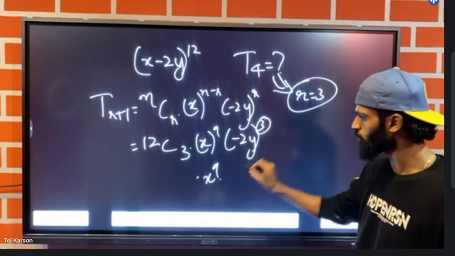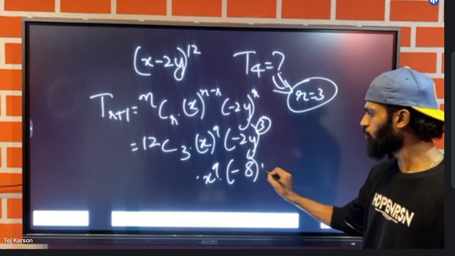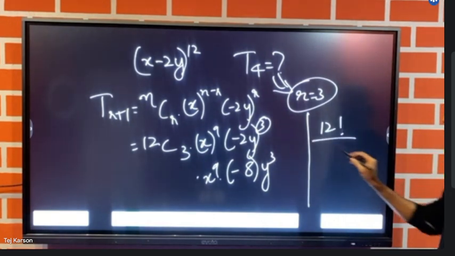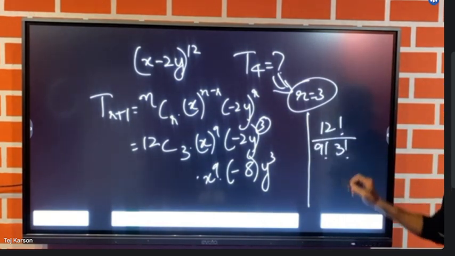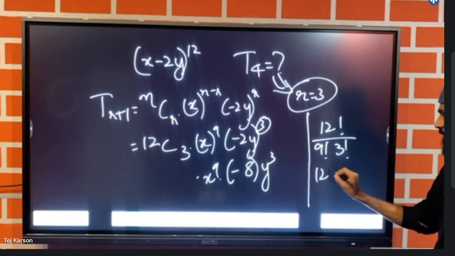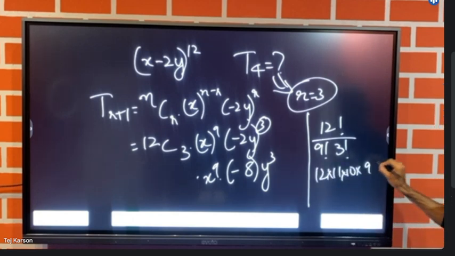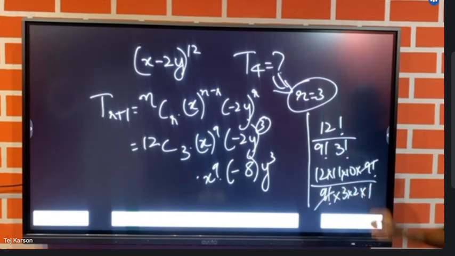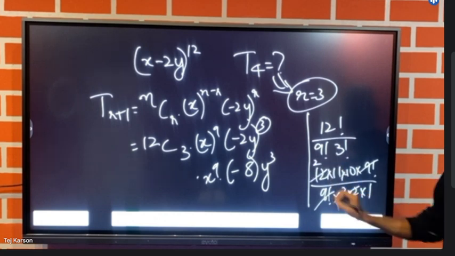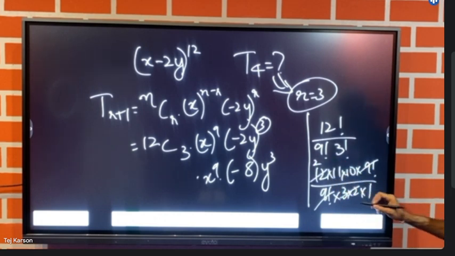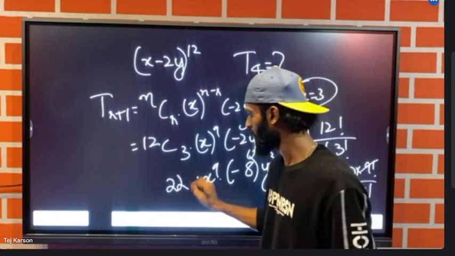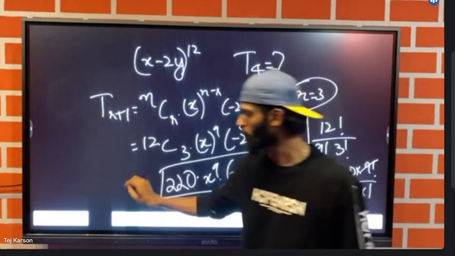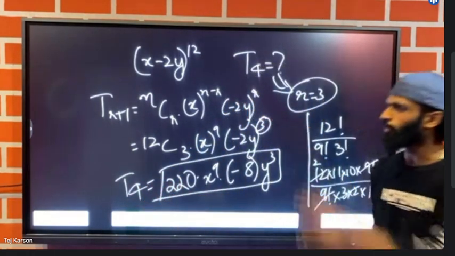Minus here and an odd number, so the minus remains. 2 cube is 8, y cube as it is. 12C3 is 12 factorial divided by 9 factorial into 3 factorial, which is 12 into 11 into 10 into 9 factorial divided by 9 factorial into 3 into 2 into 1. 9 factorial gets cancelled. 3 times 2 is 6, times 2 is 12, so 2 times 10 is 20. 11 times 20 is 220. So the answer is 220 into minus 8, multiply this and that will be the answer. This will be for a 2 marker or an MCQ. Straightforward question, nothing else.